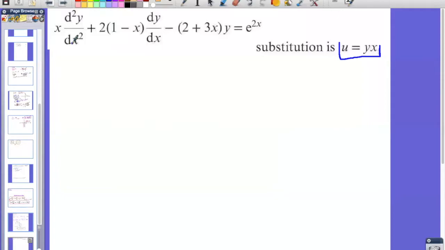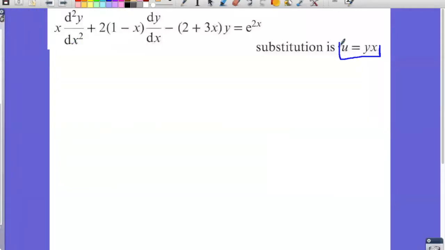So in this case, we are going to use this substitution to change this differential into the form a d squared u over dx squared plus b du dx plus cu equals some function of x.